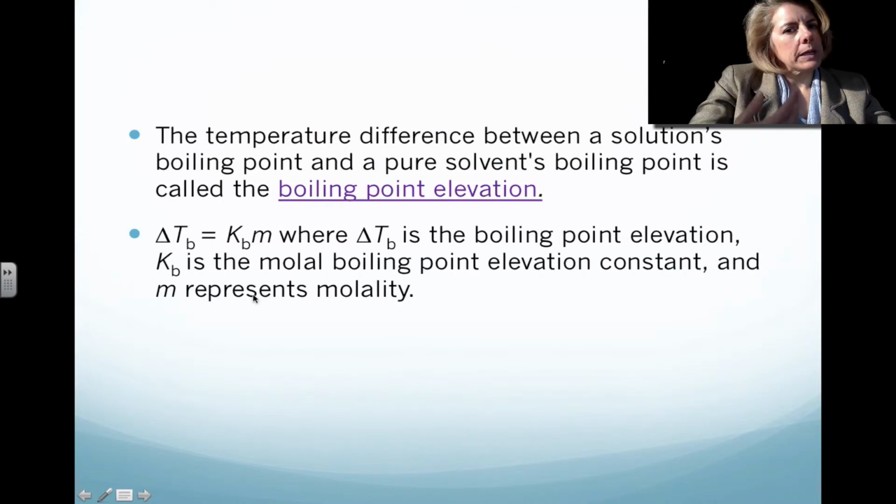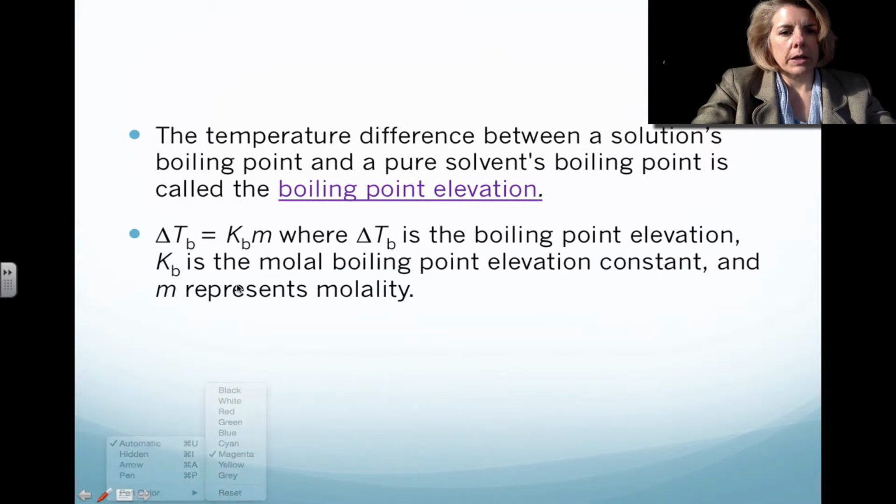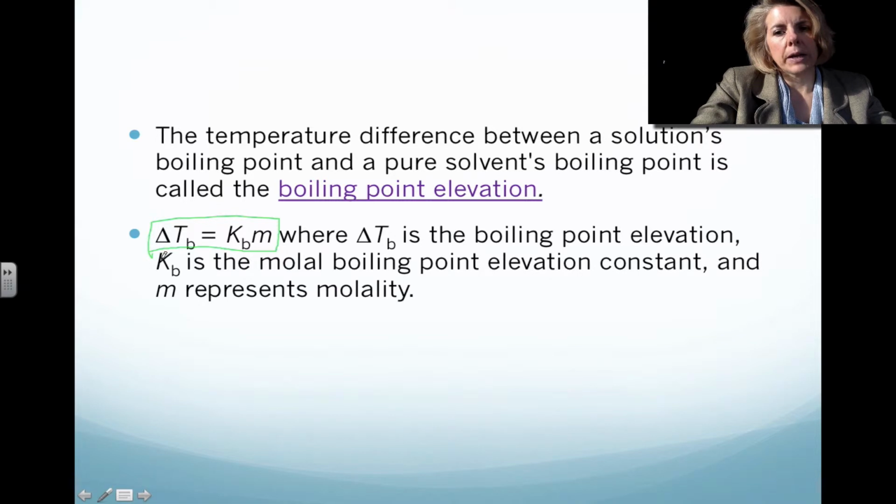Okay, and we'll do some calculations in class where we're looking at boiling point elevation. So we're going to use this formula here, delta Tb equals Kb m. And notice that delta Tb is the boiling point elevation. You're going to subtract, before solute from with solute.